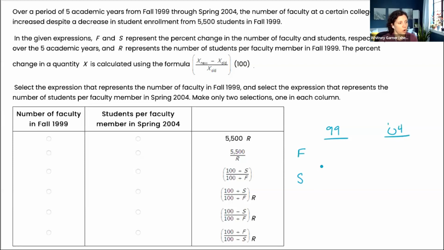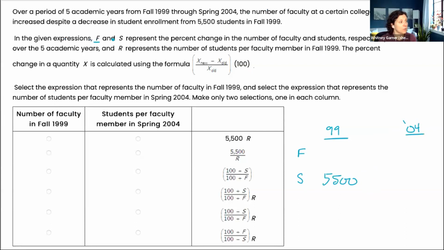Okay, student enrollment is the one thing I know. It was 5,500. And I know that we've got some sort of decrease in enrollment between 99 and 2004.